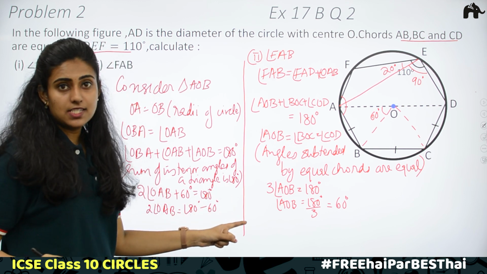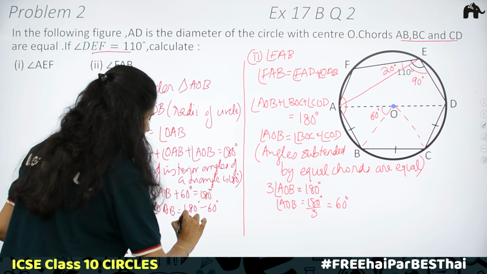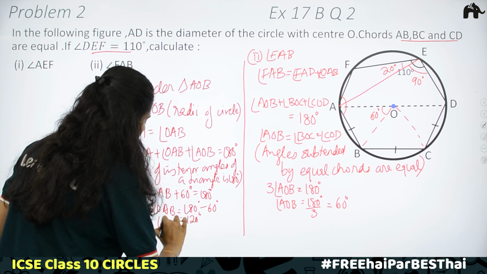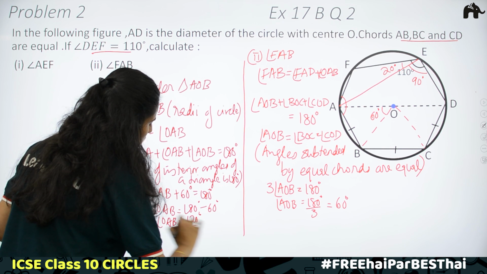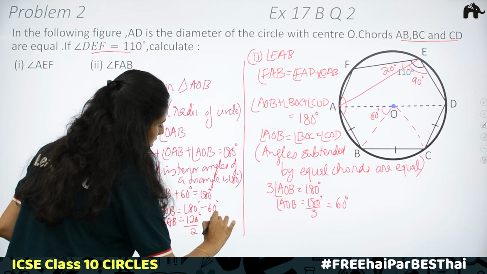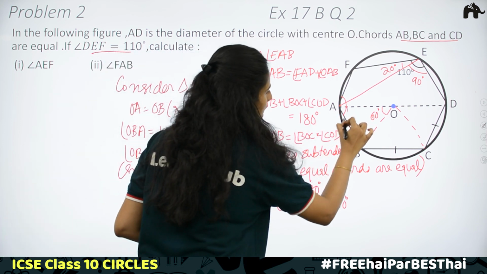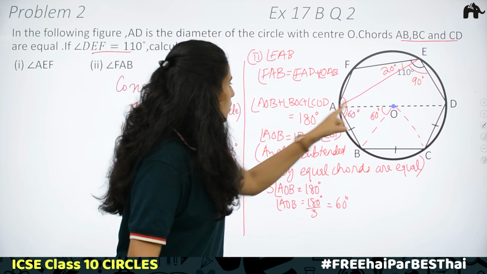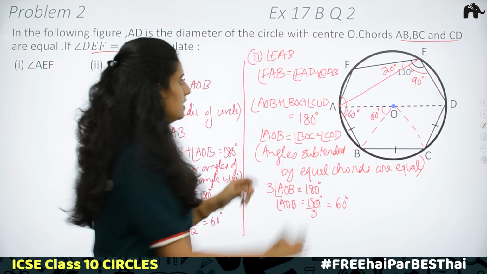What is 180 minus 60? We get 120 degrees. And angle OAB will be equal to 120 divided by 2, that is 60 degrees. So, we are getting this part 60 degrees. Okay, we got OAB as 60 degrees.